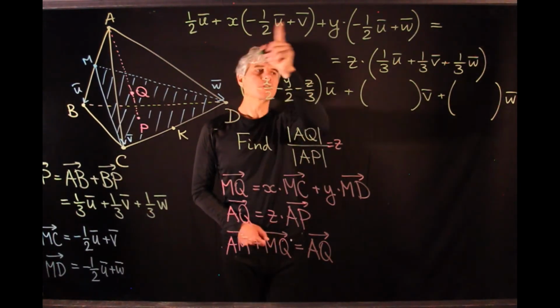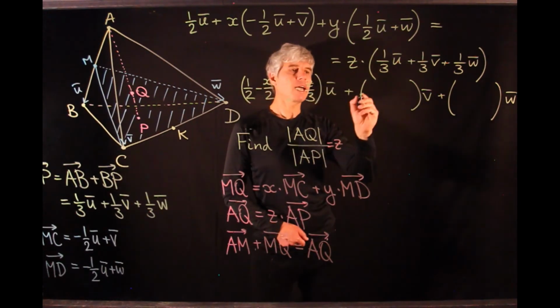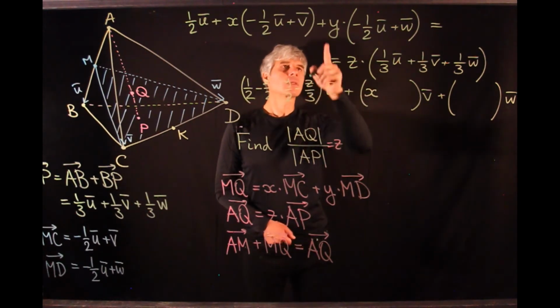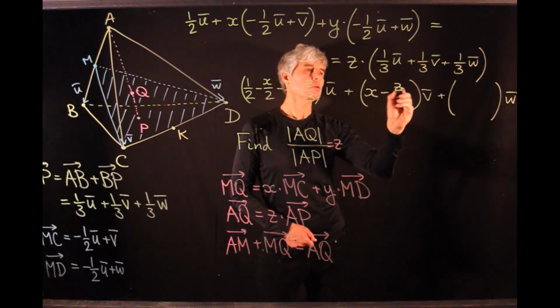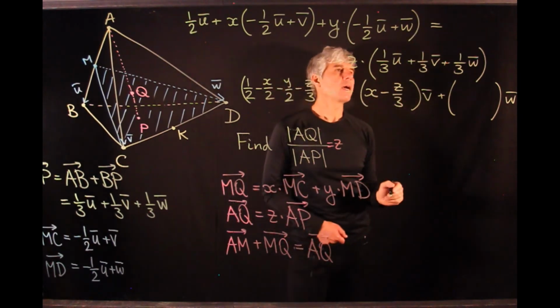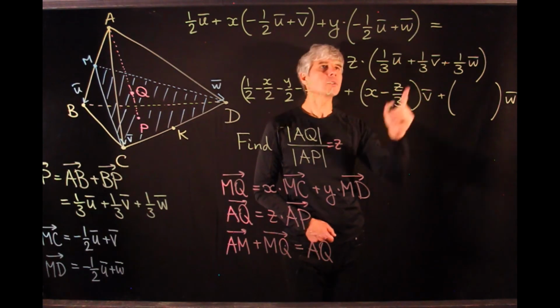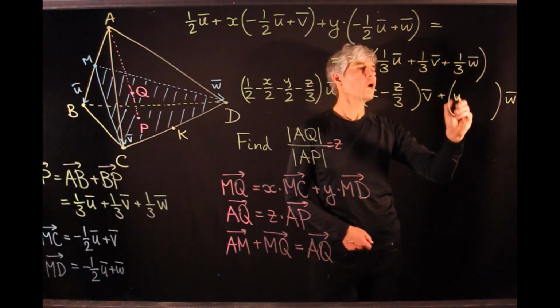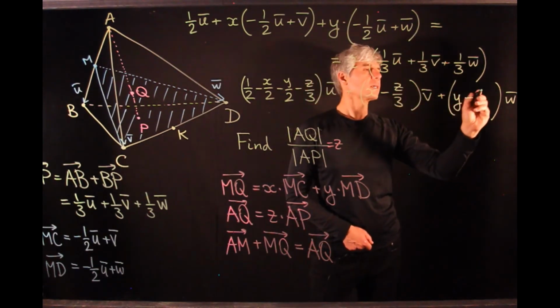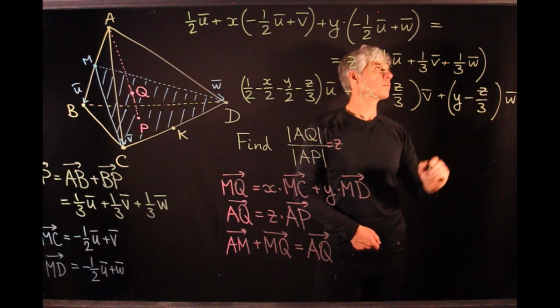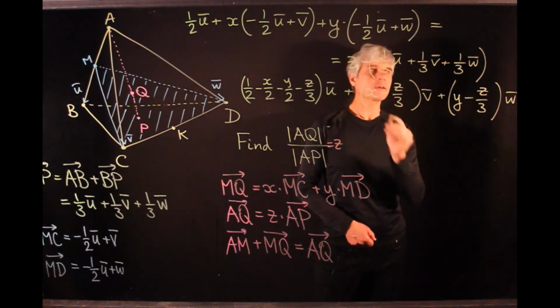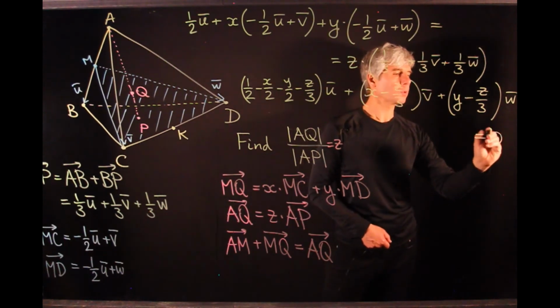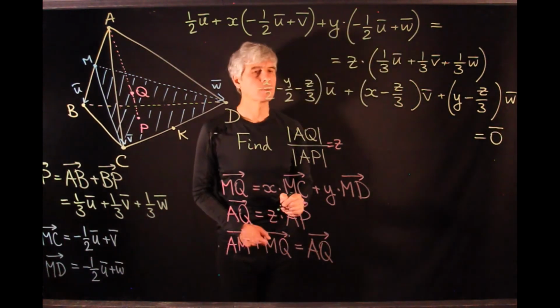Now the terms with V, here we have X, there is no V here, and here we will have minus Z over 3. And for the terms with W, we're going to have Y minus Z over 3. And since we moved everything to the left-hand side, this is all equal to the 0 vector.